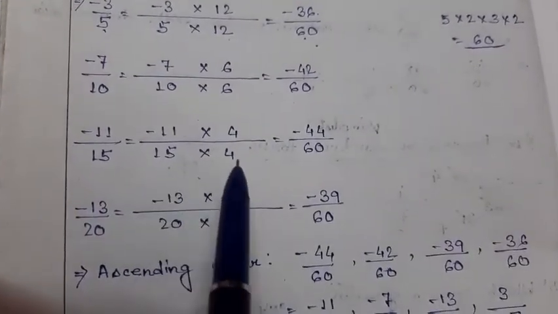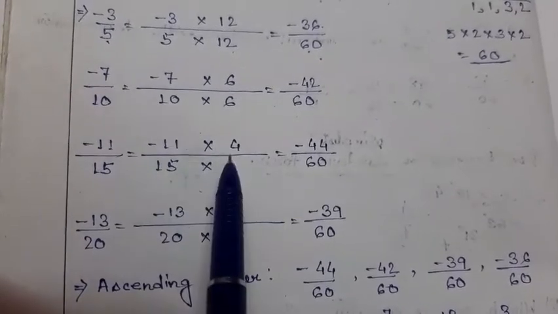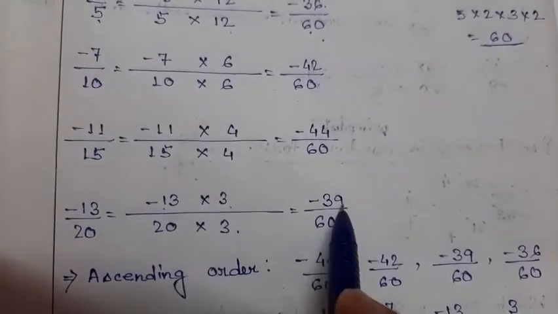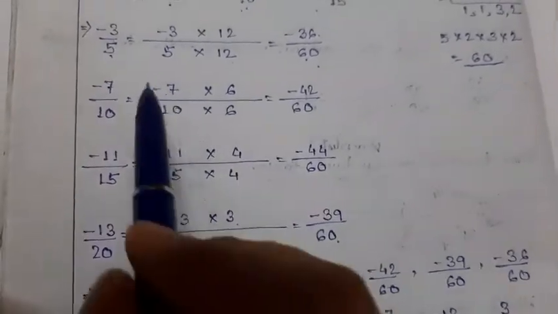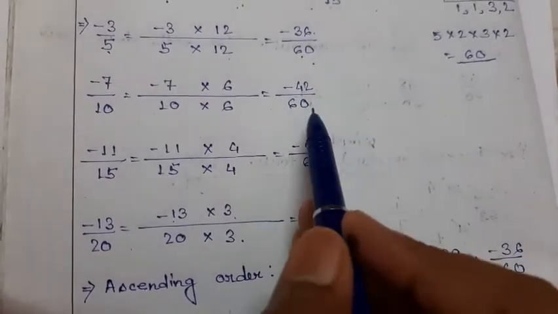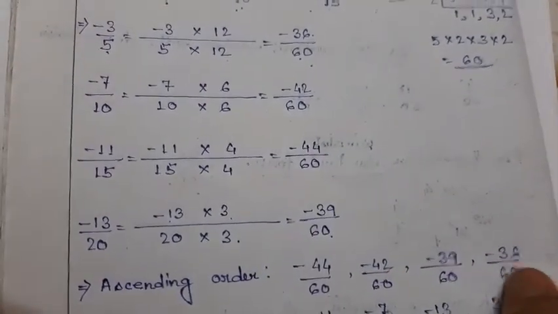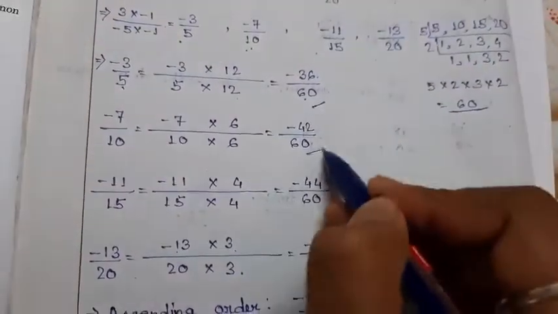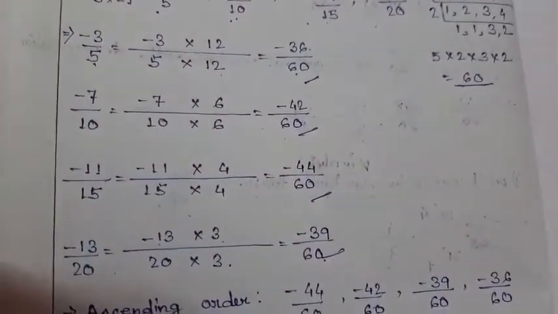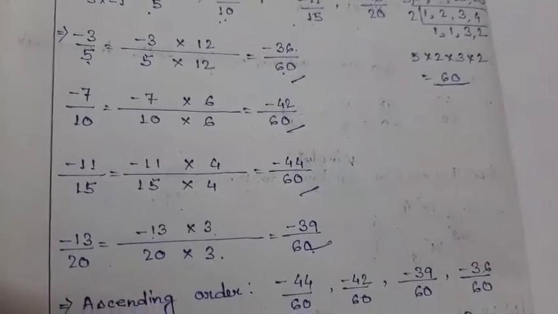In this case 15 into 4 and minus 11 into 4, 20 into 3 and minus 13 into 3. So our target is to make all the denominators the same as the LCM, 60, 60, 60, 60. Now we get 4 fractions which have the same denominator. Now we can easily compare these 4 fractions.